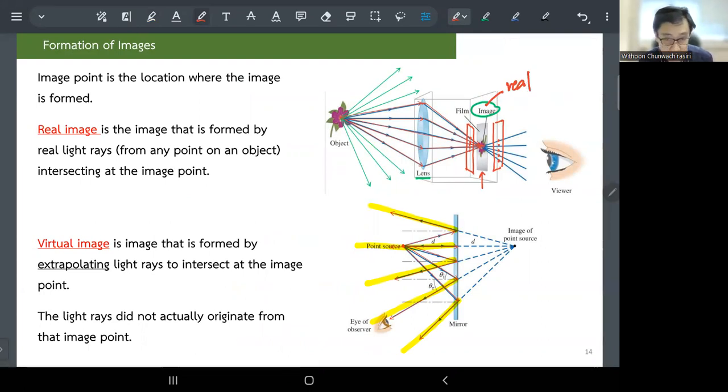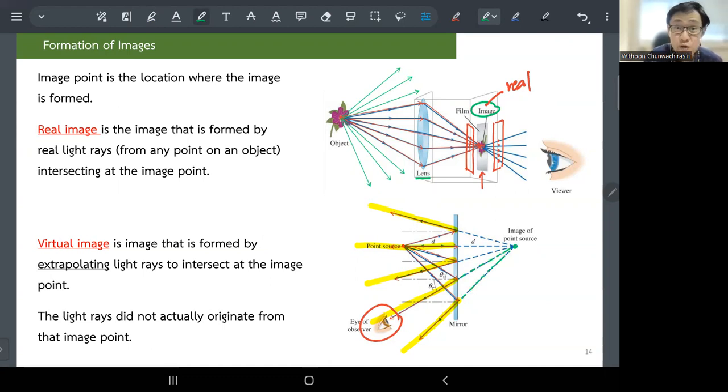But in the bottom here, no, you won't get something real. But the question is, what is happening? If you place your eyes here, your eyes intercepting those diverging rays, it turns out your brain will interpret that ray of light in the sense that the source of the image comes from, you have to extend those rays.